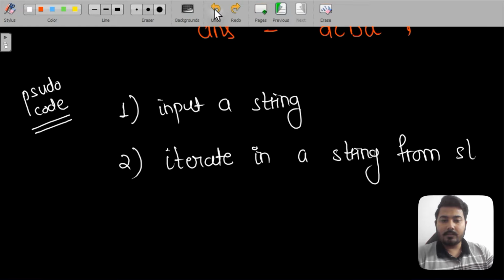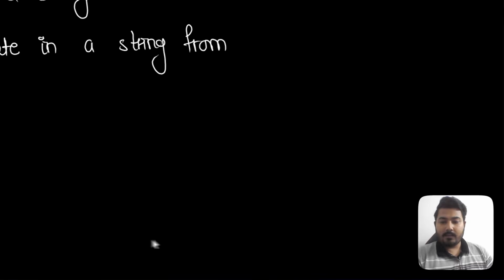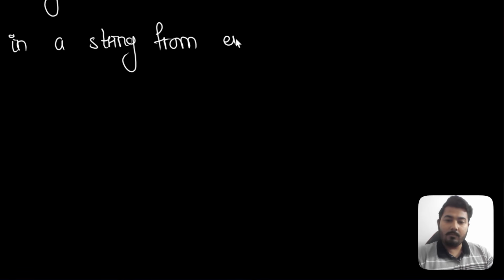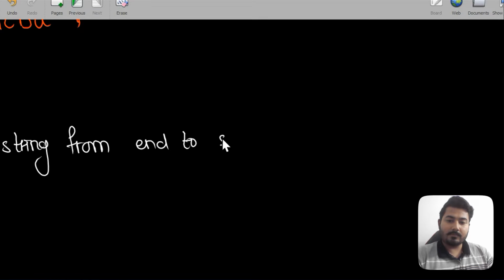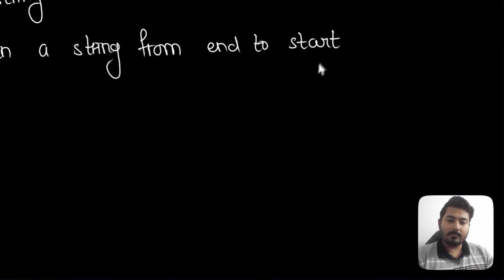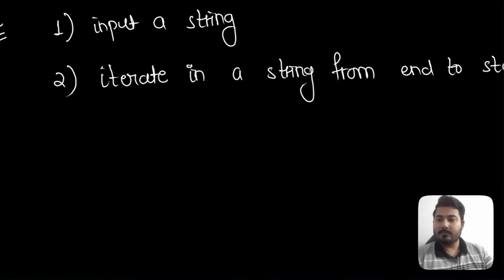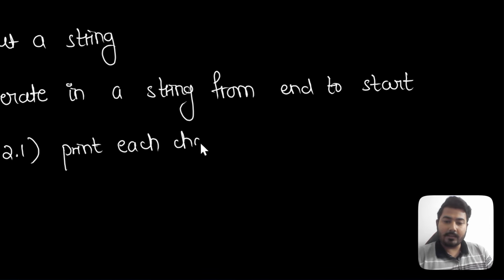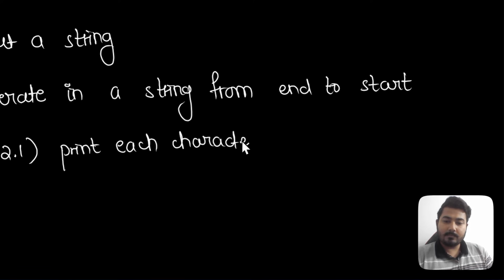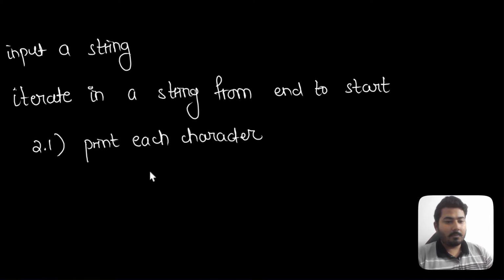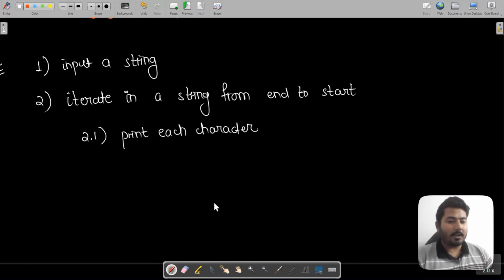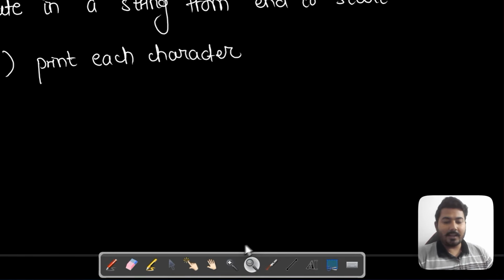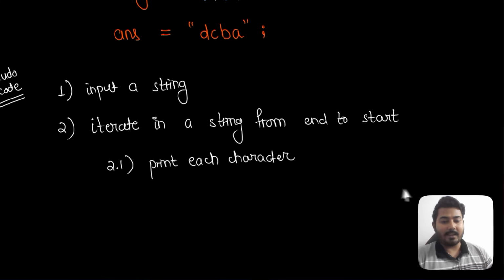Sorry, iterate in the string from end to start. And then inside it, you can simply print each character one by one. That's it. That is the entire pseudocode, as straightforward as that.